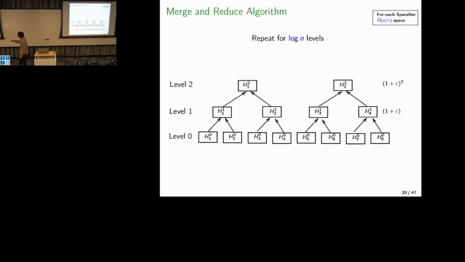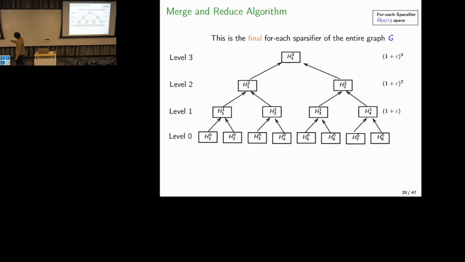And then I keep doing this for log n levels. Every time I go up a level, I get another factor of 1 plus epsilon. And the final graph over here is a sparsifier of the entire stream below it. So it is a sparsifier of the whole graph.